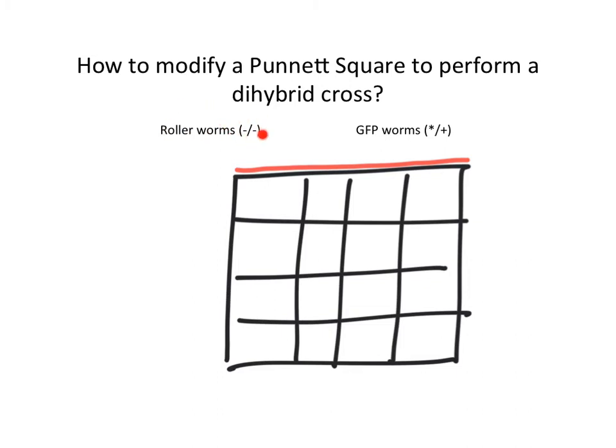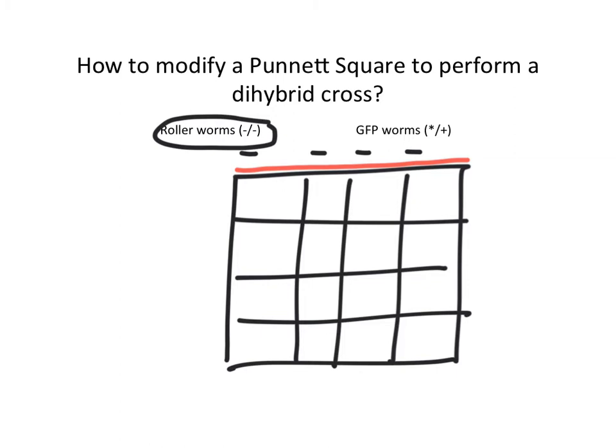What version of that chromosome goes into every one of these gametes? This individual is homozygous for minus, it has to be minus. So every one of these gametes gets a minus, because a parent that has that genotype can only give minus versions of that gene to their offspring.